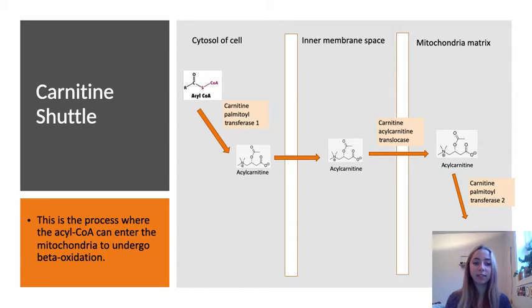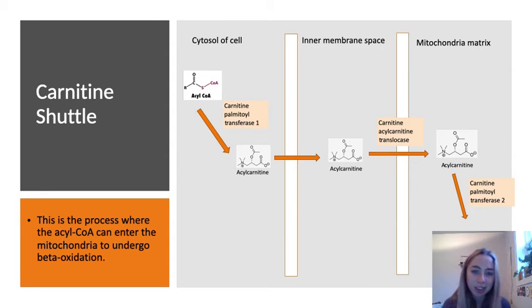So as you can see, we have the cytosol of the cell, we have the acetyl-CoA in there, and in order to enter the mitochondria where it can undergo beta oxidation, it actually needs to be converted into acetylcarnitine. And it does this with the help of the enzyme carnitine palmitoyl transferase 1.